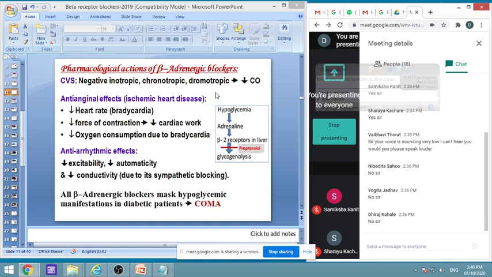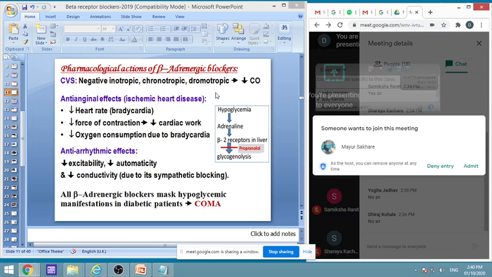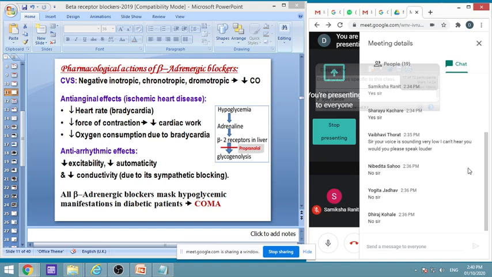So here beta blockers have anti-anginal effects in ischemic heart disease. They cause a decrease in heart rate and a decrease in the force of contraction. Thus there is a decrease in the work done by the heart muscle, and a decrease in oxygen consumption due to bradycardia and the decreased force of contraction. So this is how they are useful in angina pectoris.